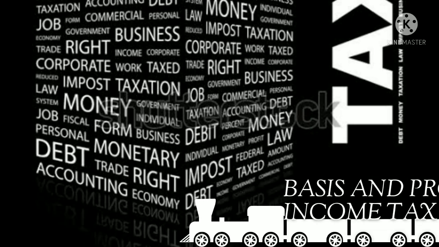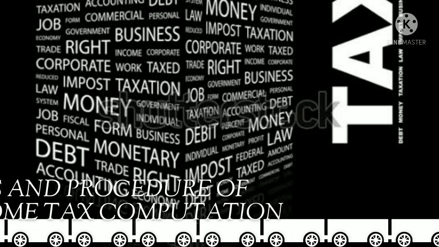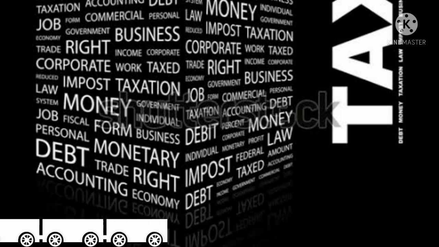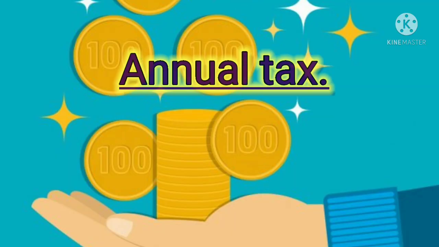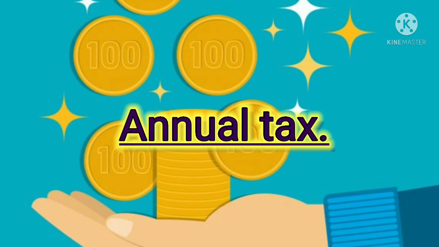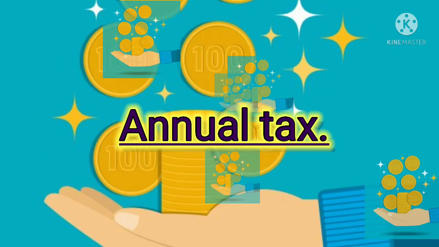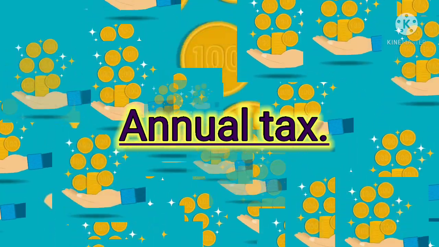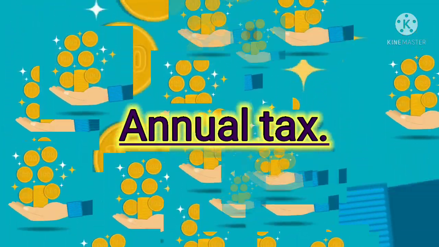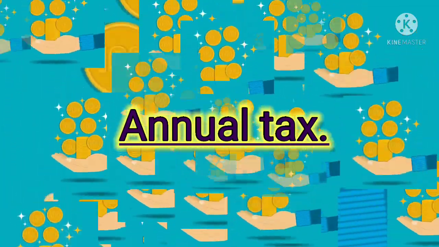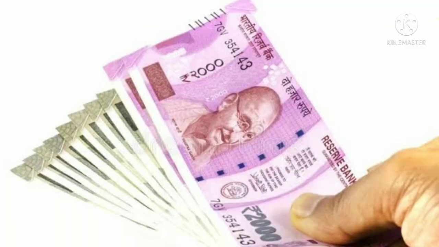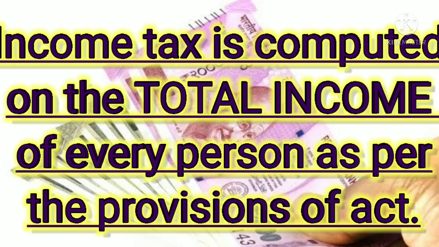Now the final topic is the basis and procedure of income tax computation. The first point is that income tax is an annual tax. I think we are all pretty aware of that, because income tax is charged year-wise. Another point is that income tax is computed on the total income of every person in accordance with the provisions of the Act.